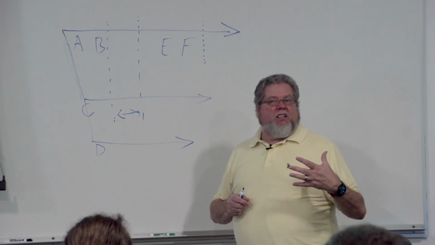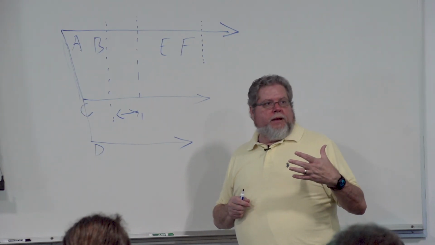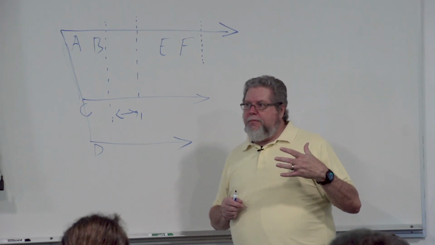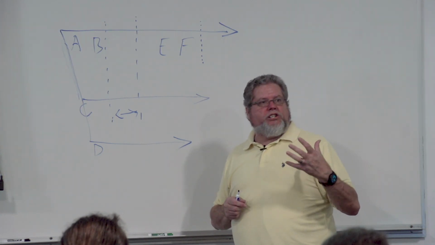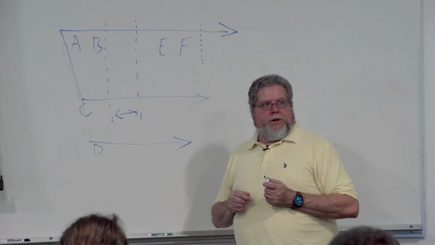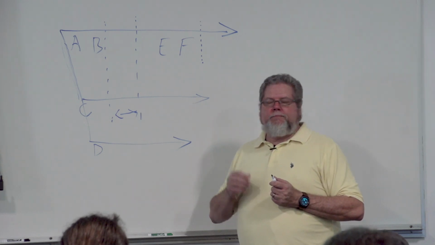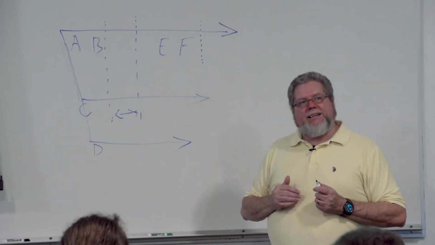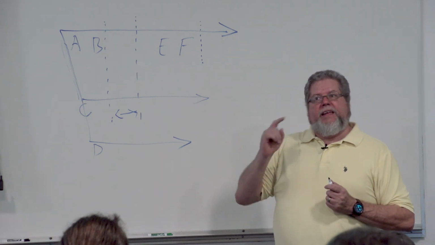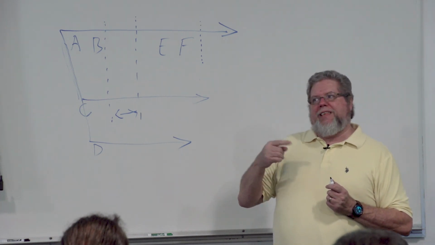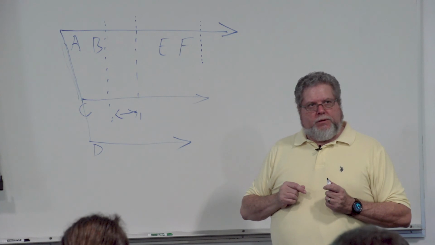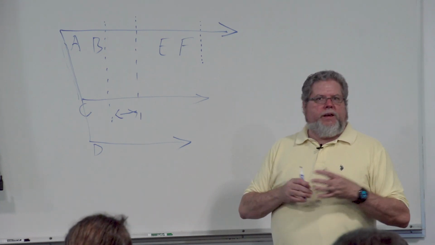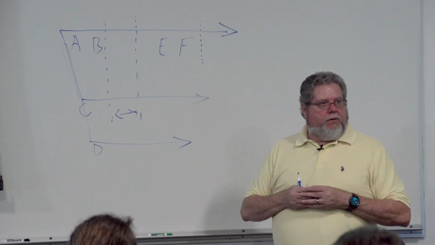So I've got a large piece of data typically, and this task's job is to crunch that data. Right? I can break that one task into multiple tasks and crunch that data faster.